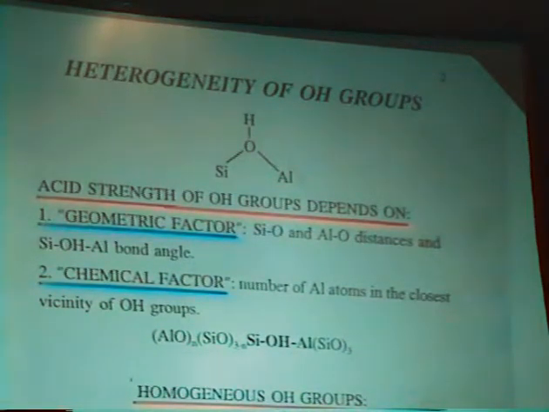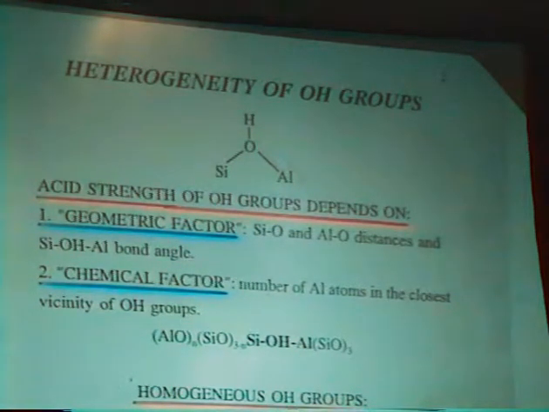According to Löwenstein's rule, aluminum atoms can be connected through oxygens only to Si atoms. But Si atoms may be connected either to another Si or to Al. So the number of Al atoms connected to this bridging Si, the N number in this formula, determines the acid strength of bridging hydroxyls.